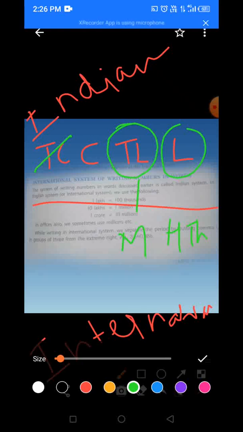So lakh is 100,000, 10 lakh is million, and crore is 10 million.